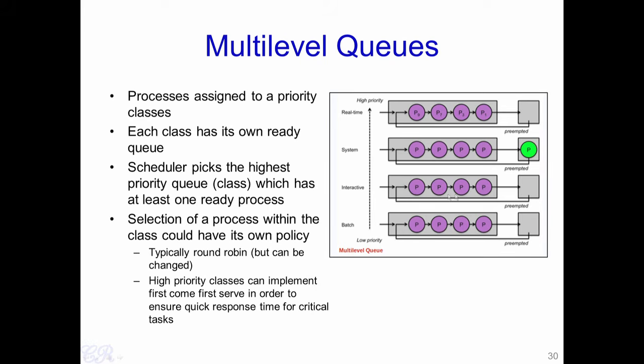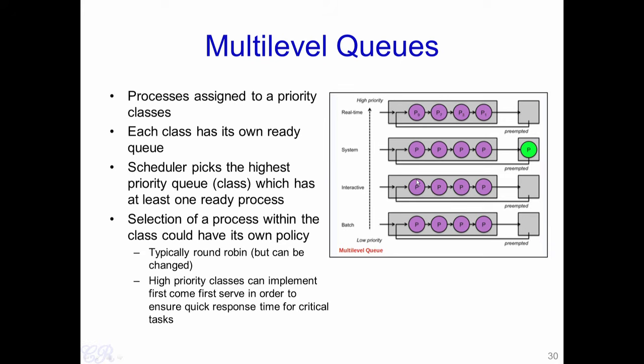Further, let us assume that there are 4 processes present in the interactive class. Now, the second scheduling algorithm, such as a round robin or a FIFO scheduling algorithm, will then execute to determine which of these 4 processes will be assigned the CPU.